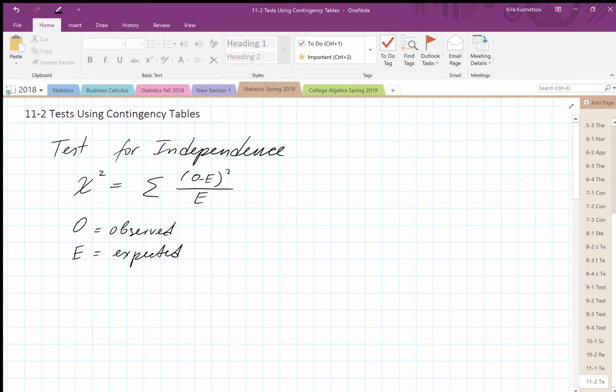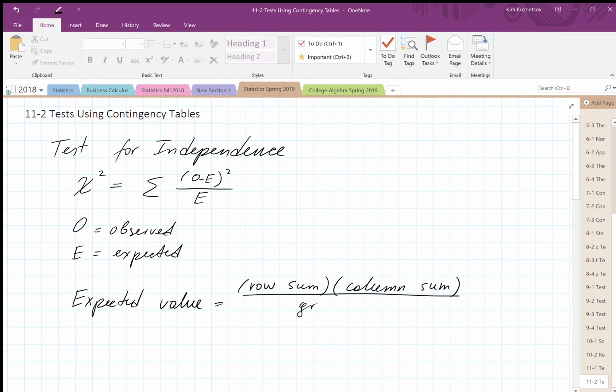But instead of working with a column, we're going to be working with a matrix. The expected value can be figured out by taking a row sum times a column sum divided by grand total.